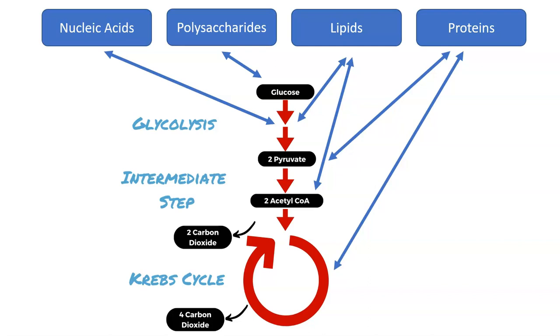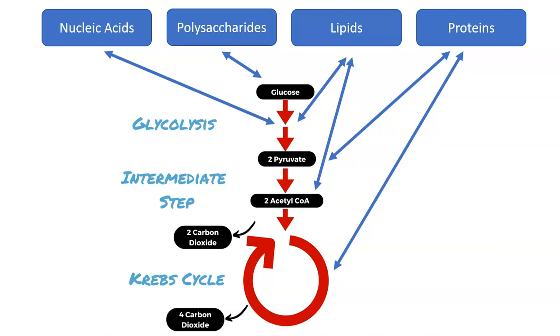Remember, most chemoheterotrophs can use glucose as both an energy source and a carbon source. Many of the intermediates that are made during glucose metabolism can also be used to make the building blocks of our biological molecules. How the cells utilize glucose depends on their carbon and energy needs at any given moment.